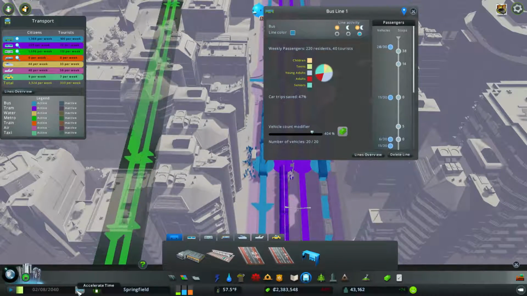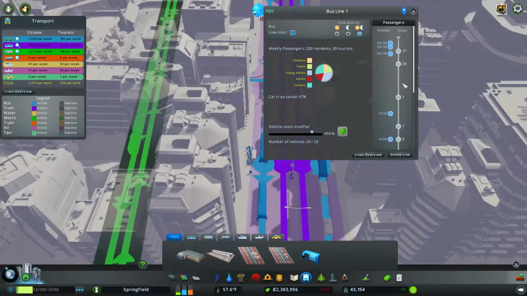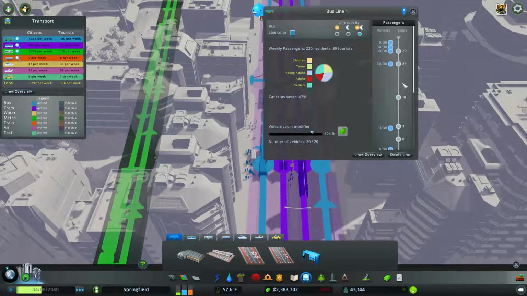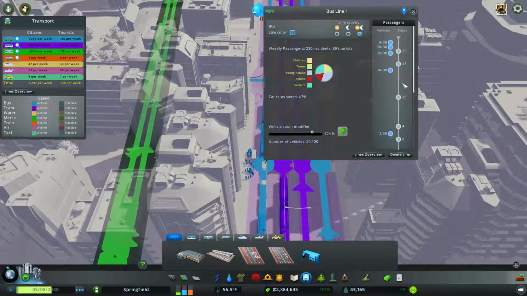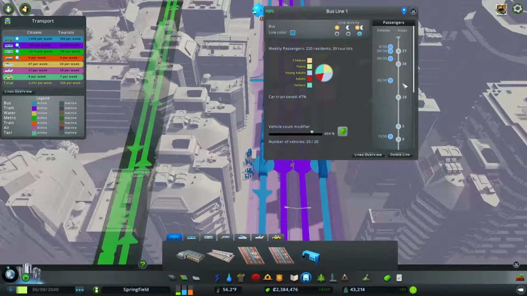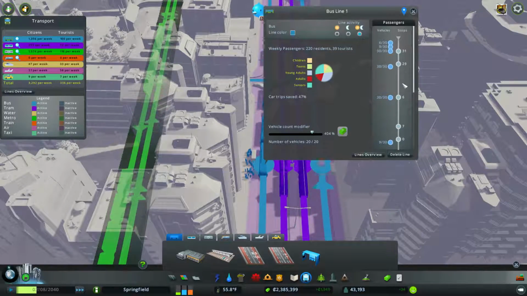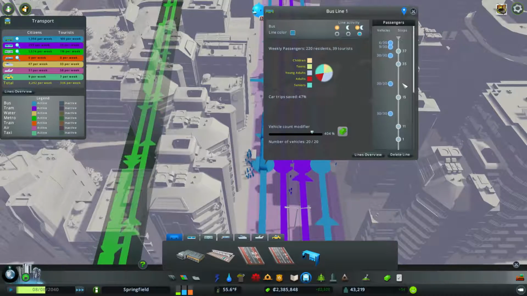Let's speed it up. See what happens here. Seems to be running all right.